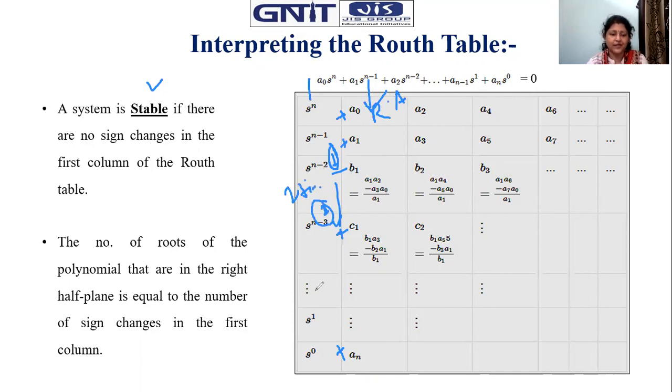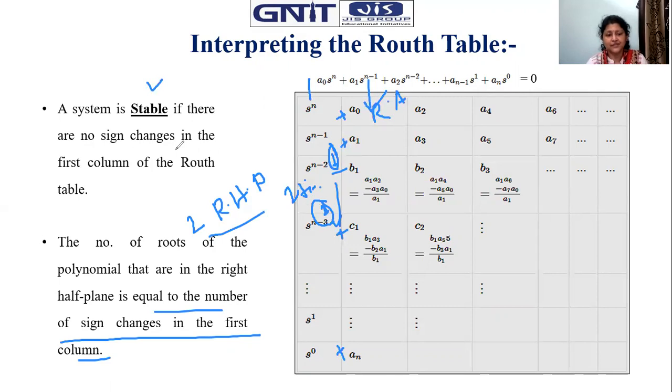So that's why the number of roots of the polynomial that are in the right half is equal to the number of sign changes in the first column. If we have observed sign changes two times, our resolution is that there will be two right-hand poles in the system.